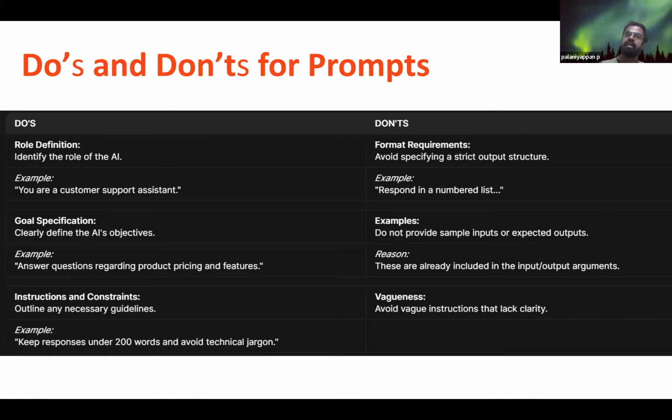It can still do that numbered list, but it may not come as you expect. It can be of a different format, and if you rely on a standard format, that may not happen, right? So it's better to avoid mentioning that. Rather than mentioning it, you can get a response out of it and use that as a prompt, like iterative prompting, and pass it to another LLM to use for the further steps of the process.